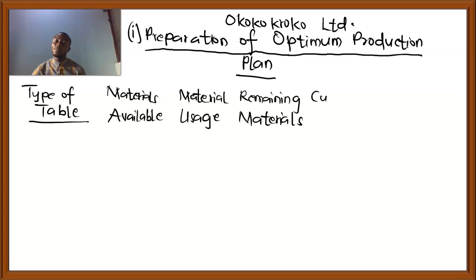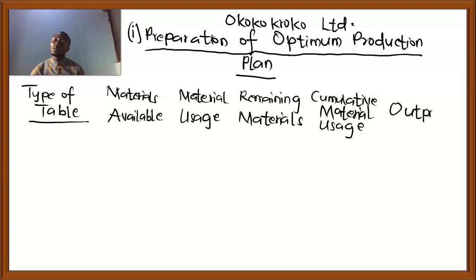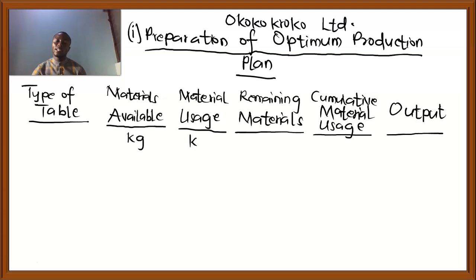We have cumulative material usage. And then we have our output. The materials available are in kilograms, so usage kilograms, kilograms, kilograms, but the output is in the form of units of tables, so we have units.